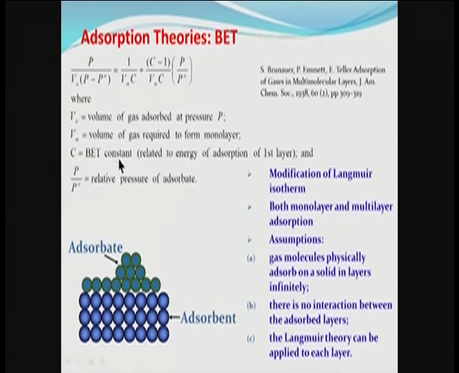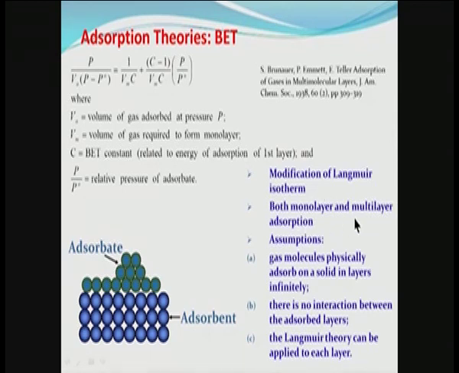C is a so called BET constant which is related to the energy of adsorption of the first layer, and P over P naught is the relative pressure of the adsorbate. As I said, P naught corresponds to a saturation level of adsorption and P corresponds to any specific level of adsorption, and P is related to VA and VA is related to P as in this equation. So, this one represents the modification of the Langmuir isotherm.